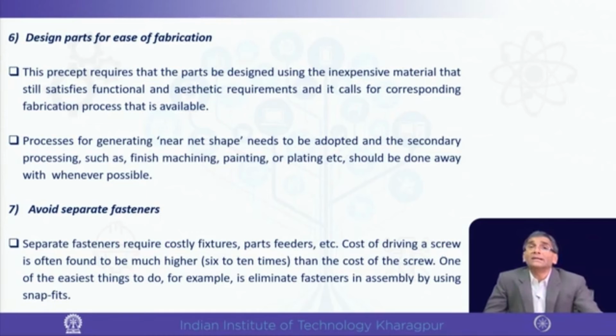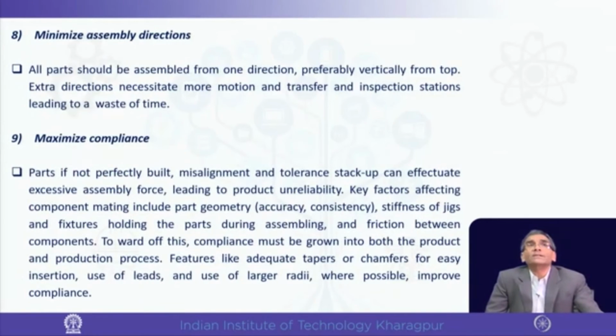So, instead, if we can use snap fits or something like that, like the mobile phone's back cover, it is not fitted with a screw like other electronic gadgets, it is a snap fit that you just press, and the back cover is fitted. So, components are removed that way, it is coming from the molding itself.